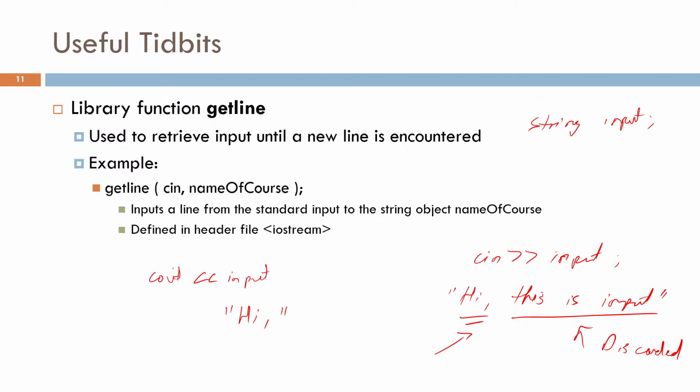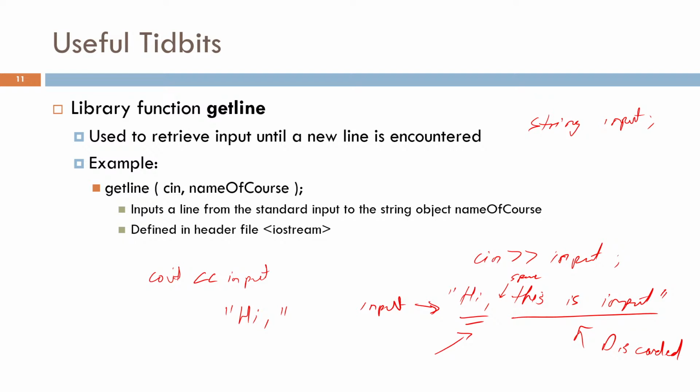That's because we define the string as hi, this is input. So our input string here is this entire string. But once you're using cin, it does not see any spaces. So there's hi, comma, and then we have a space here. Once we see that space, it's just going to take everything before the space.